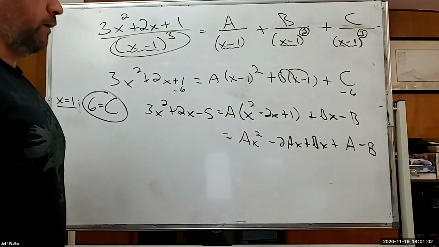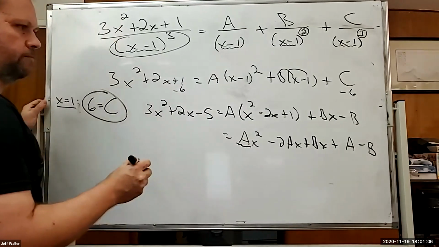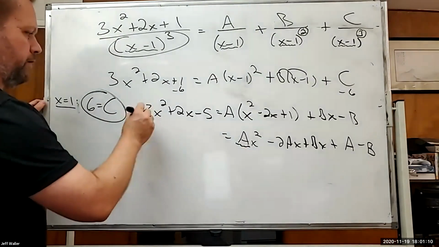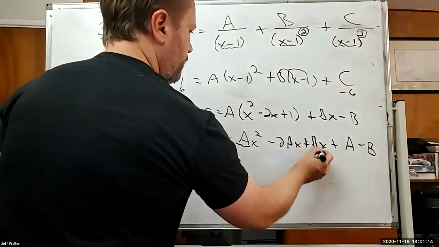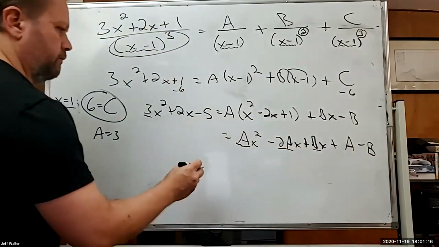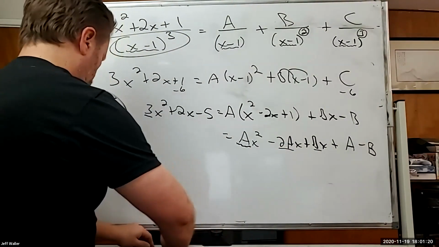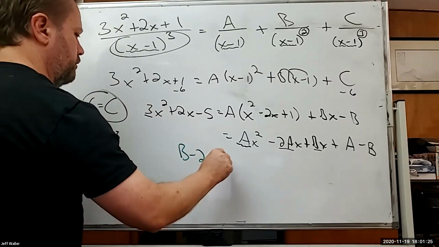All right. So what's A got to be? 3. A's got to be 3. What's B minus 2A have to be? 2. Yeah, B minus 2A is 2.